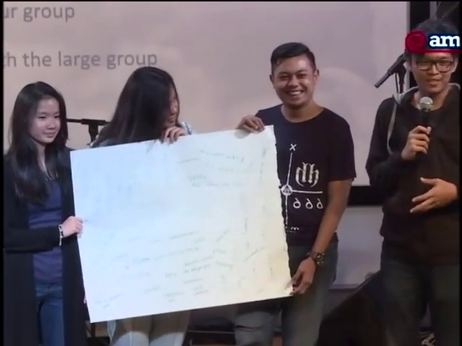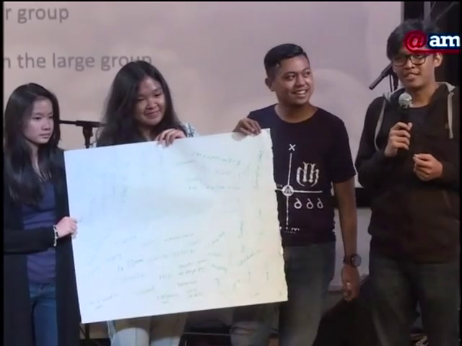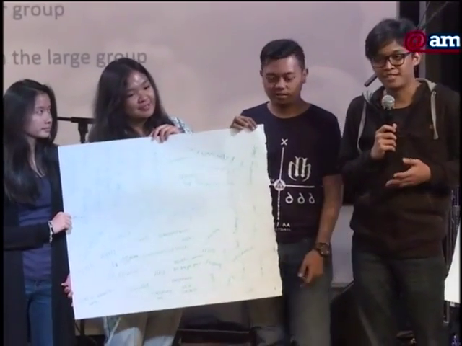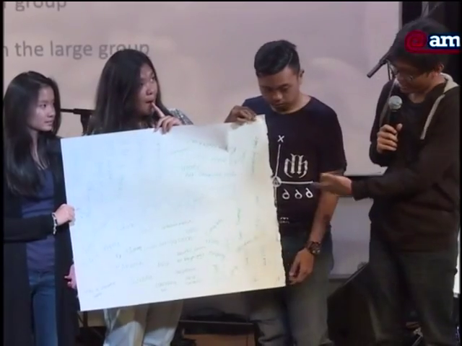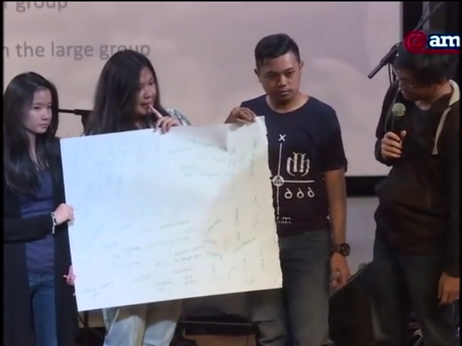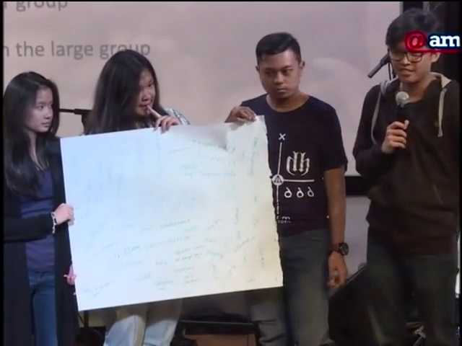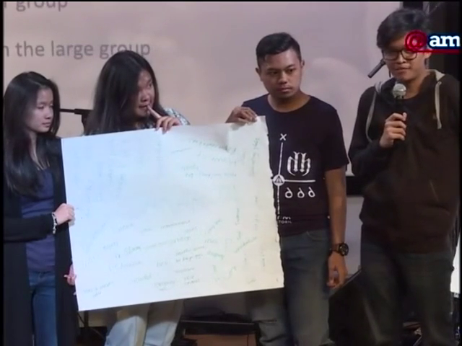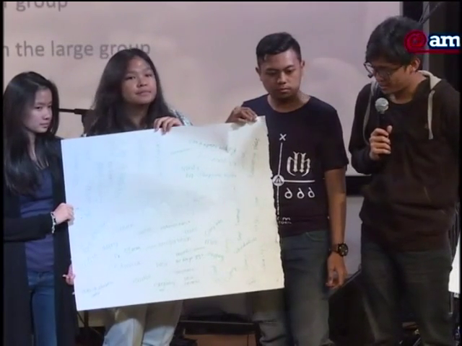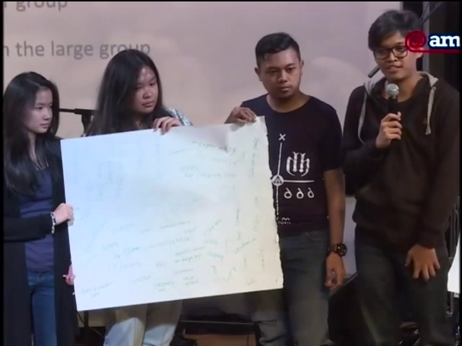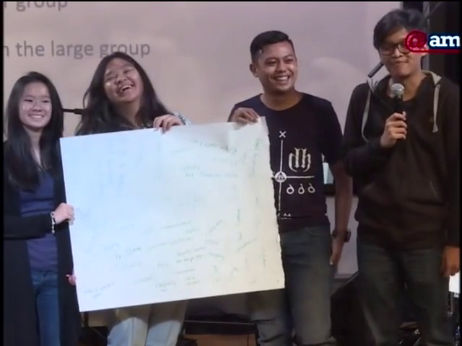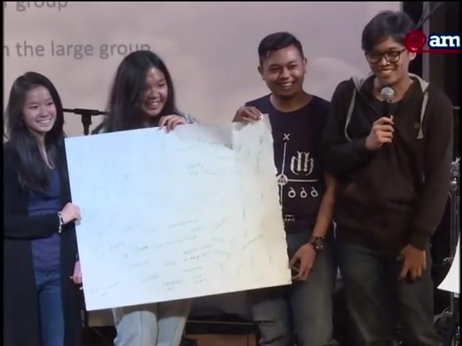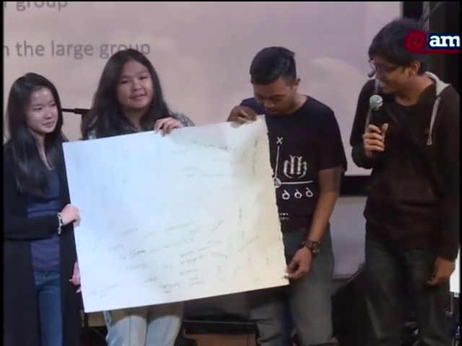First of all, we think about what comes to our head when we think about Jakarta. It's a lot of ideas, and the most important thing about brainstorming, I think, is never stop, and don't let other people stop you, because it happens a lot in school or in the workplace.